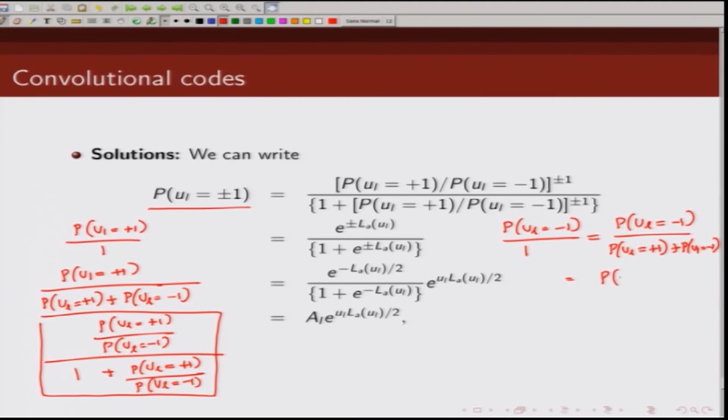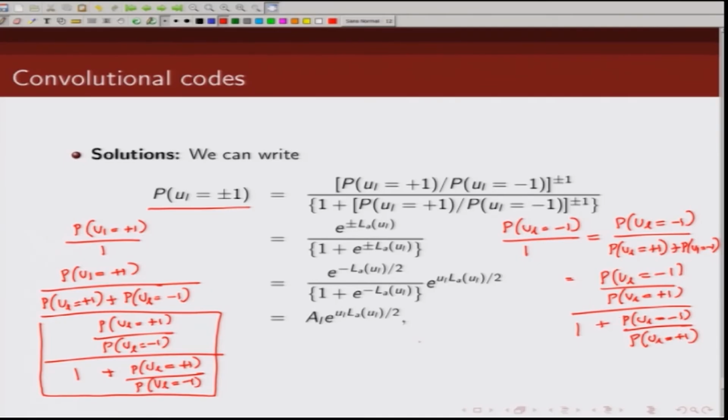So this will be probability of UL equal to -1 by probability of UL being +1, over 1 plus probability of UL being -1 by probability of UL being +1, right.